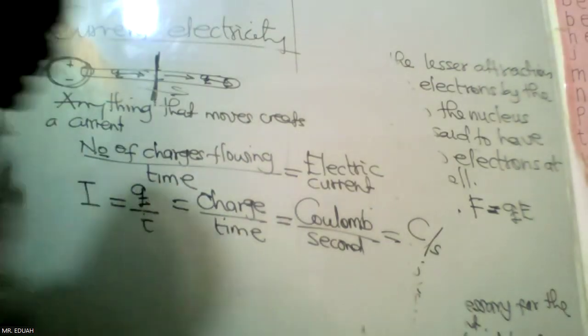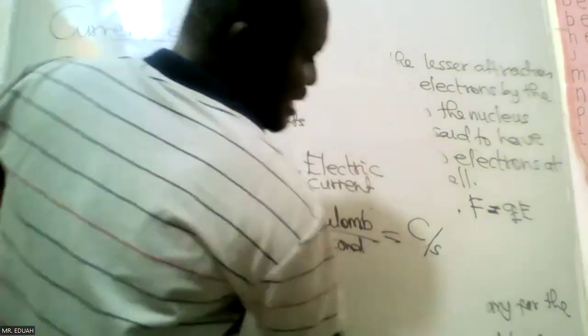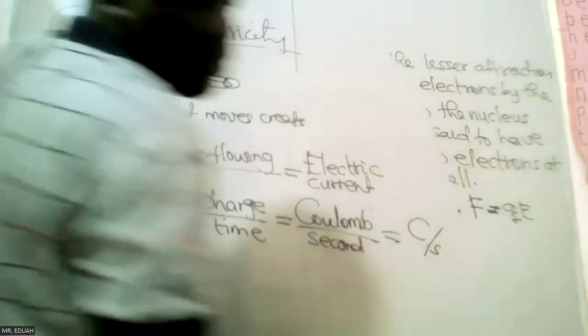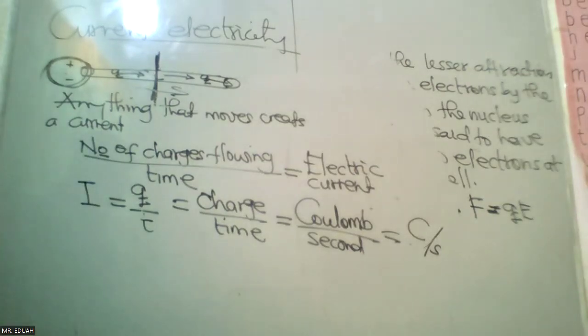Coulomb per second. But it was named after a famous physicist who was very instrumental in current electricity, Ampere.